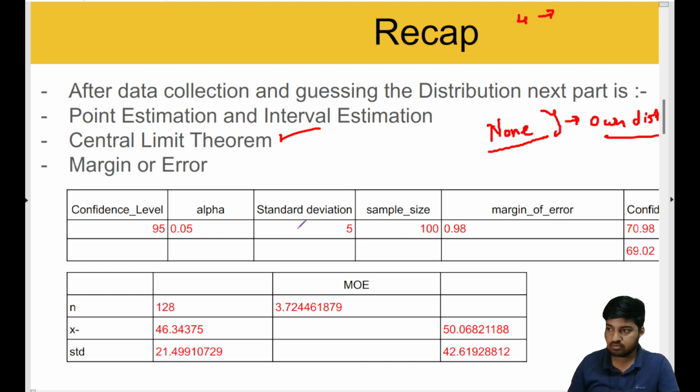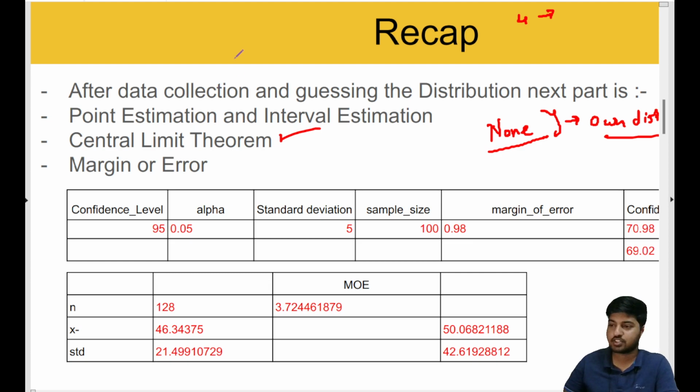Anyone? Sajal, Sarvana? Means if the sample size gets large, then the sample distribution tends to be a normal distribution. You are 99% correct.